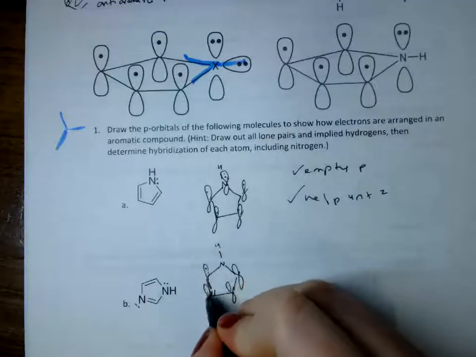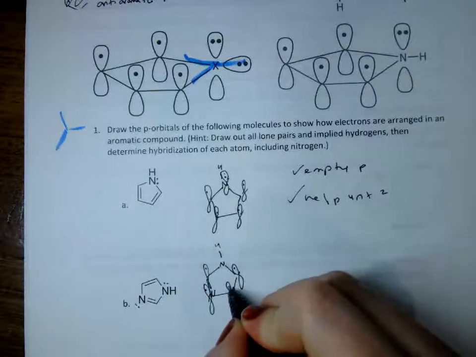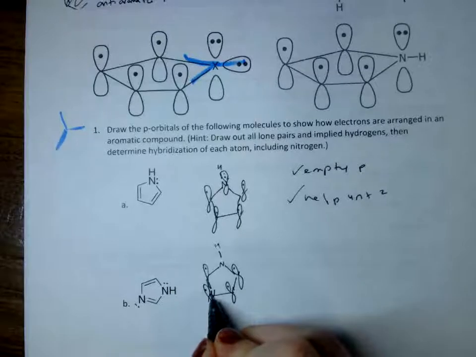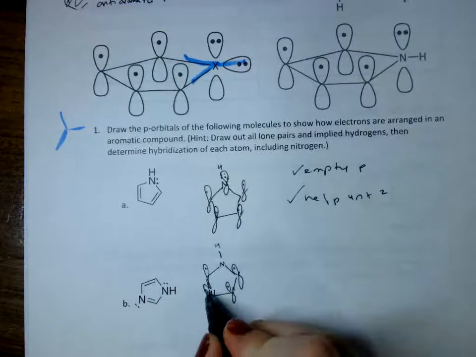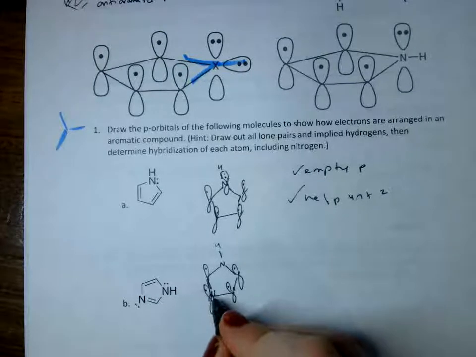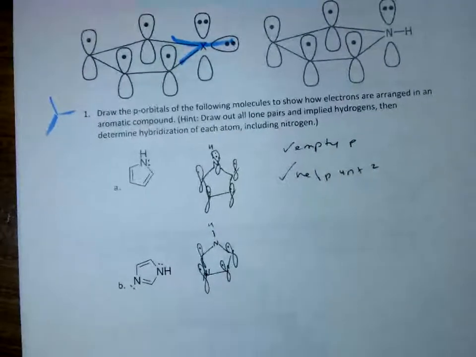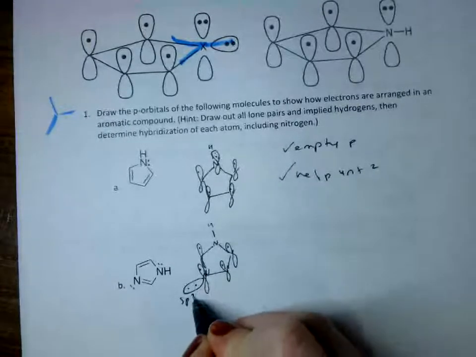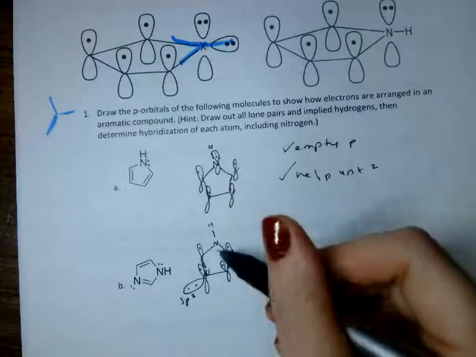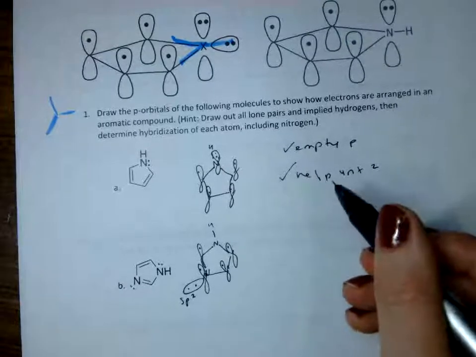So there's a p orbital here and here and a p orbital here and here. So now let's start with this nitrogen. There is an extra lone pair on that nitrogen, but is there an empty p orbital for it to go into? Actually, no. That p orbital is already taken up by the double bond. So it's going to go off to the side into an sp2 hybrid orbital. So we couldn't even ask the second question.